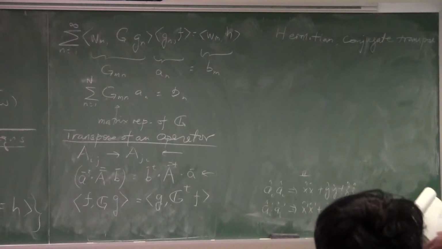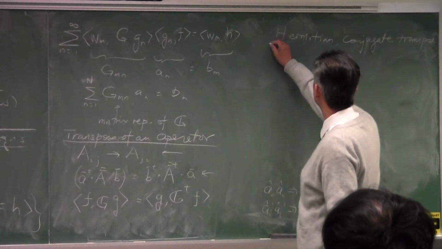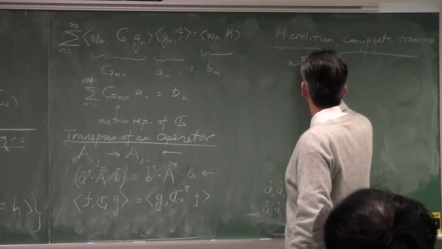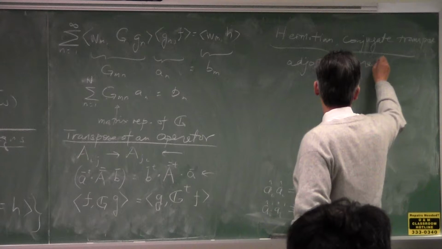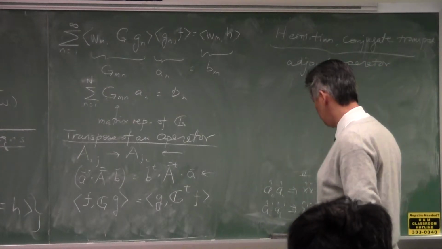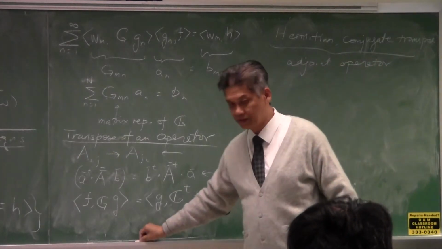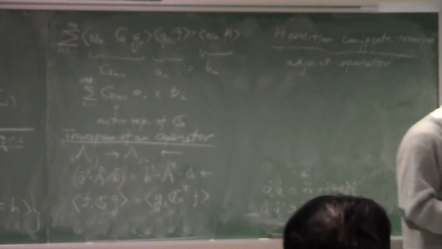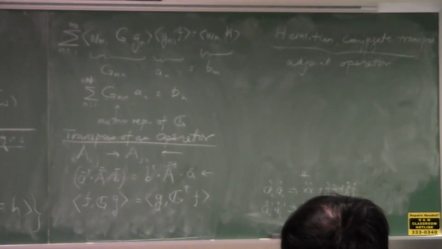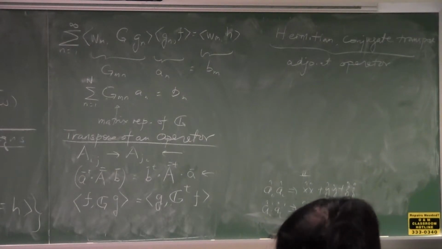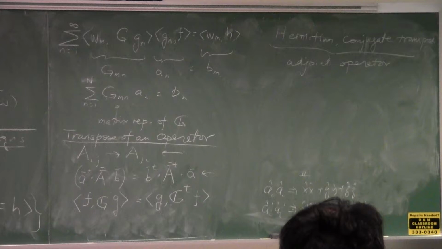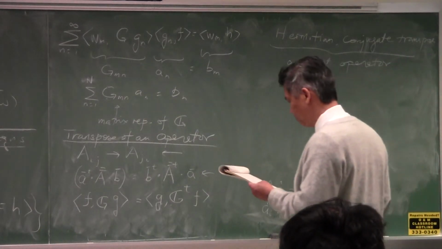They call this an adjoint operator. So what we call the Hermitian operator or conjugate transpose is what mathematicians call the adjoint operator. And they often don't distinguish between the real transpose and the conjugate transpose. They assume that there's only one kind of transpose, one kind of adjoint operator, which is not true.